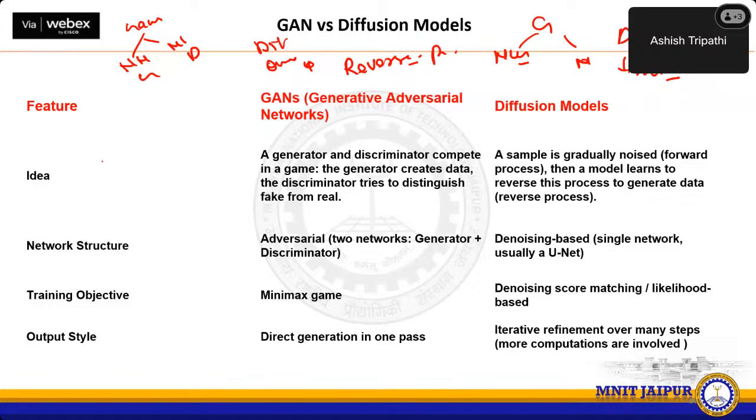In terms of the basic idea, GANs have a generator and a discriminator that compete in a game-like structure. The generator creates the data, and the discriminator tries to distinguish the data. In the case of a diffusion model, a sample is gradually noised in the forward process. Then the model learns to reverse this process and to generate new data.